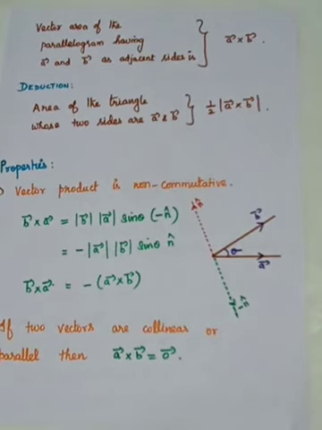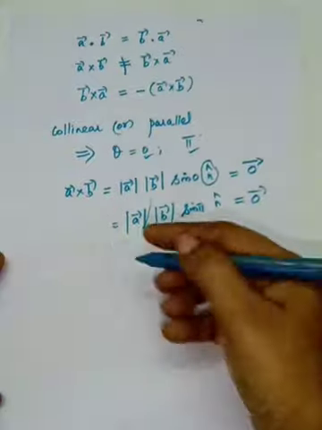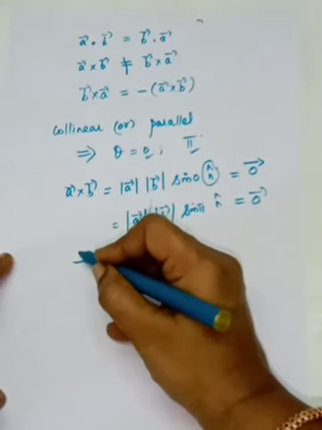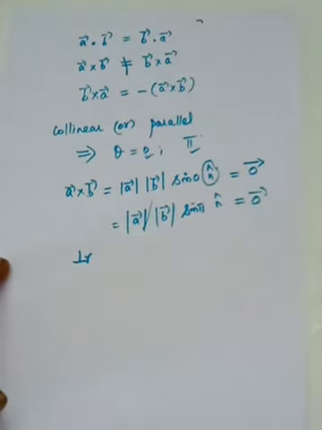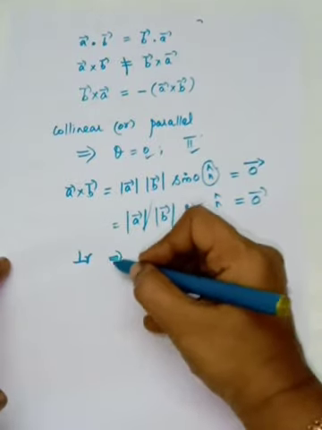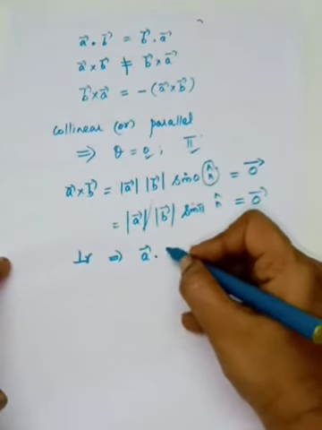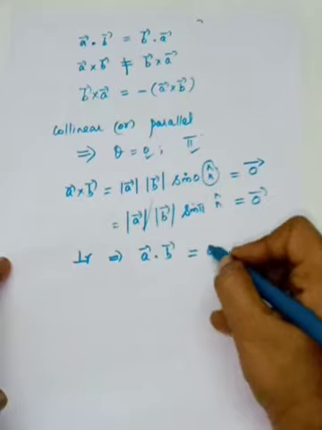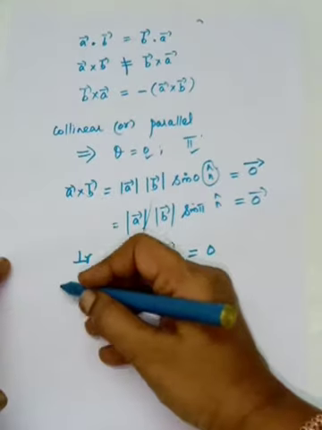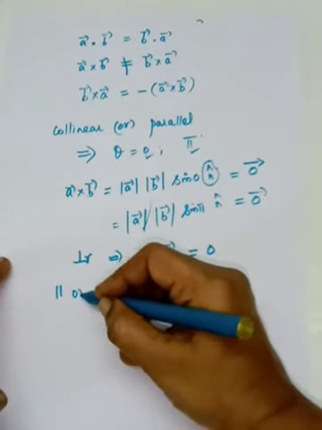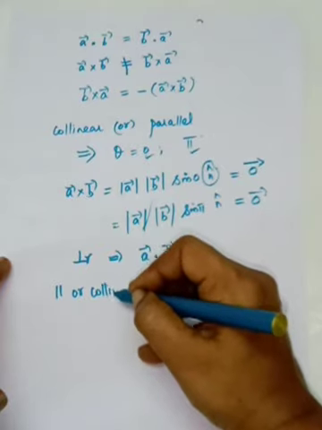Have you remembered in the dot product, if any two vectors are perpendicular, the dot product between them is 0. Okay, here if any two vectors are parallel or collinear, which will become 0?